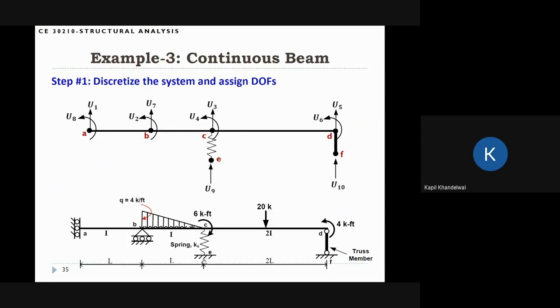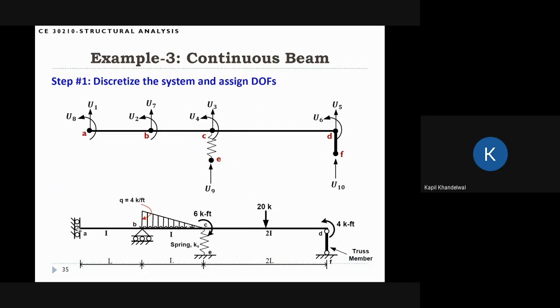At E, you can see that the vertical motion is fixed. So this is the supported degree of freedom here. And at D, the degrees of freedom of both vertical motion and rotation are free. And at F, the vertical motion is actually a supported degree of freedom. So if I try to write the free degrees of freedom first, U1 is the free degree of freedom.